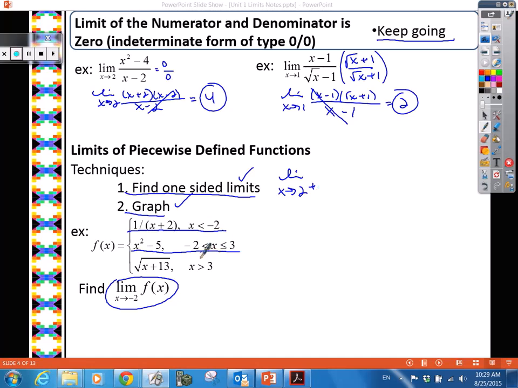When we're bigger than -2, in other words, coming from the right, we would use this equation, the x squared minus 5. Okay, so I put the -2 in. Our first step is to just plug the number in. That's what we're going to do first. Then if it causes a problem, then we'll do different stuff.